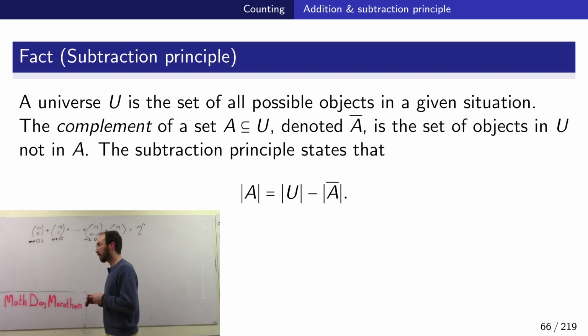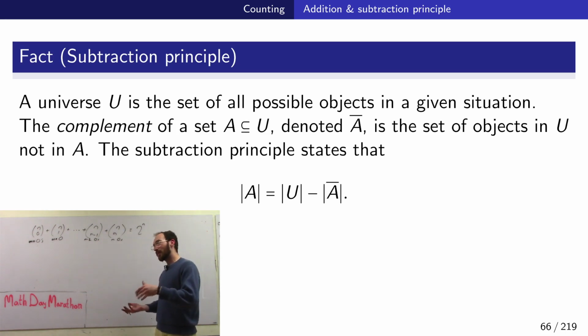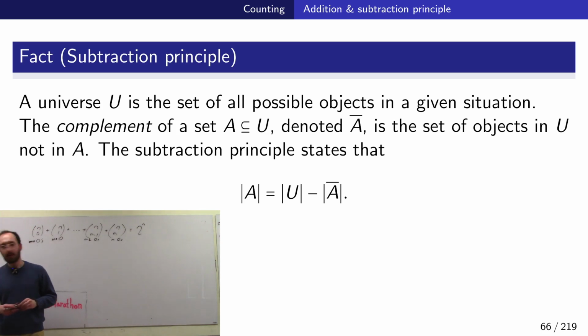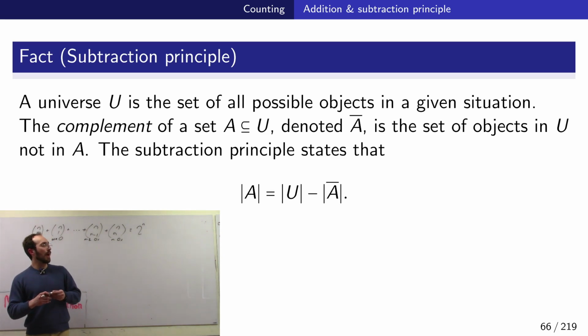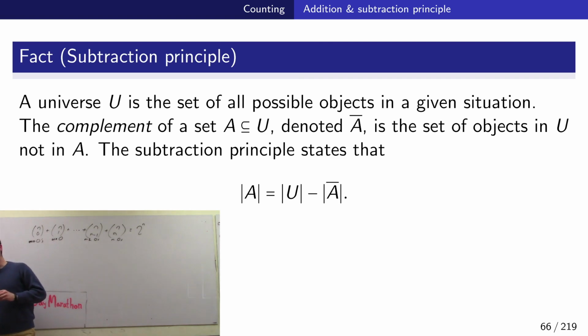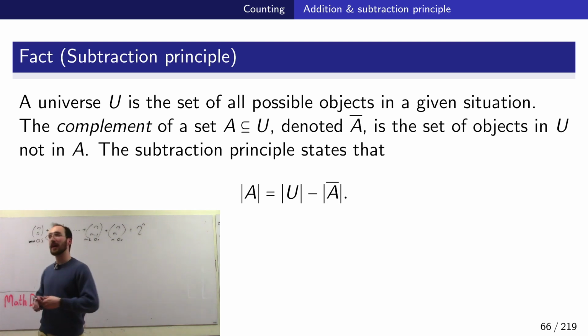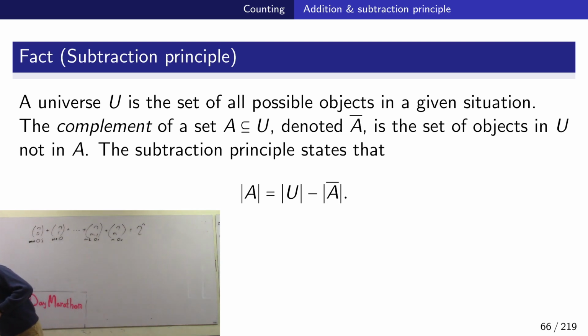So if my set was binary strings starting with 1, then my complement would be binary strings starting with 0. What the subtraction principle states is that if I want to figure out the size of my set, if I know how many possible objects I could have picked, and I know the size of the complement of my set, I can just subtract those two cardinalities and end up where I want to be.